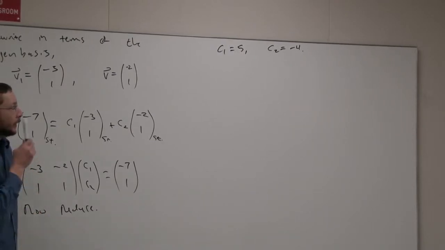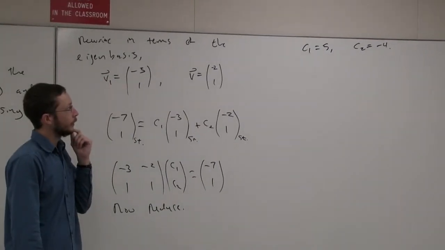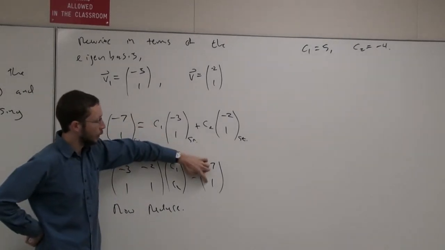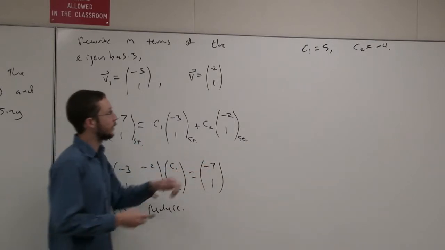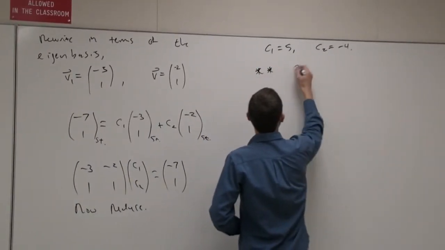And so what this gives us is the coordinates of this vector -7, 1, but written in terms of the eigenbasis rather than the standard basis.